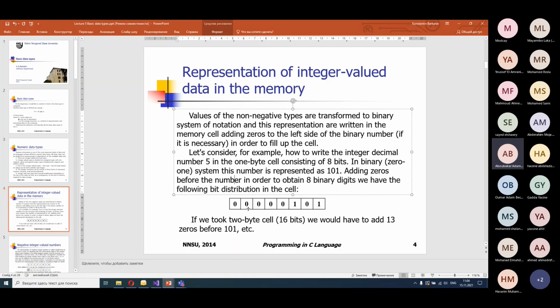Yes, it can be interpreted like Boolean values, but this notation can also be interpreted as an ordinary number.